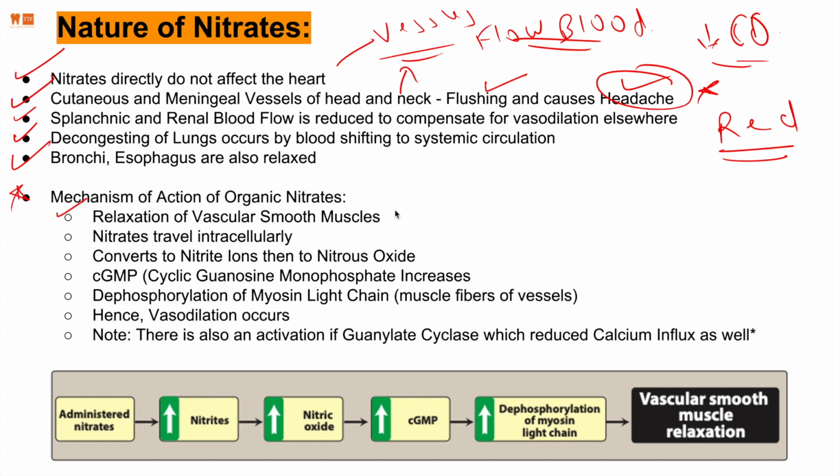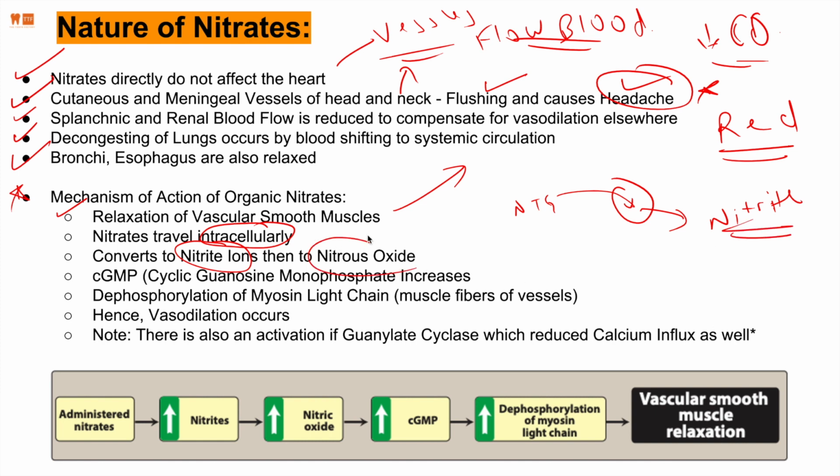We learned how. Great. Nitrates travel intracellularly. So, nitrates will travel inside each cell, and in there, they convert to nitrite ions. Those nitrite ions will then take up a role of nitrous oxide.